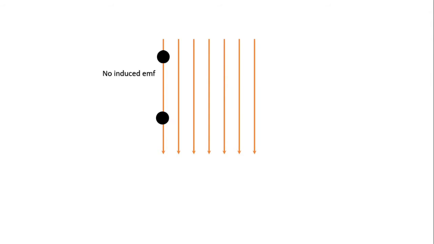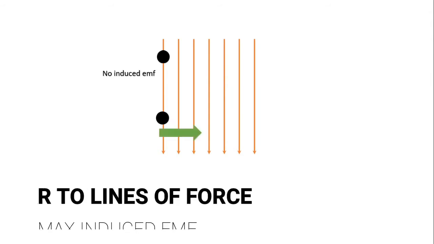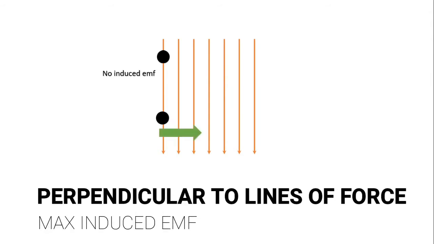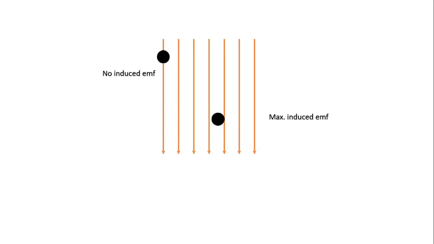Now let's assume another conductor. When we move this conductor horizontally, the change of flux is maximum. You can see from this display. And when this change of flux is maximum, the induced EMF in this conductor will be maximum.